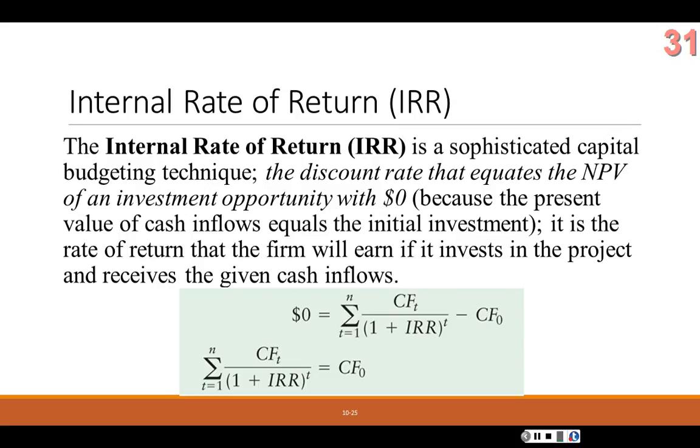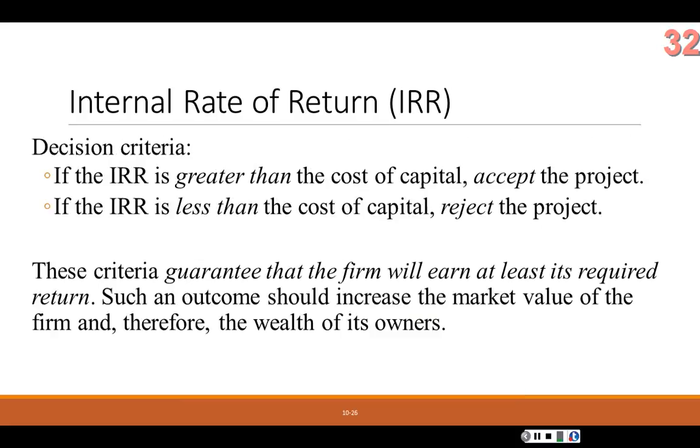So we simply take the cash flows and discount them by the internal rate of return and set that equal to the cost. And that is our methodology for calculating internal rate of return. It's very simple to do on your calculator, but the decision criteria is that if the internal rate of return is greater than the cost of capital, we accept the project. If it's less than the cost of capital, we reject the project.